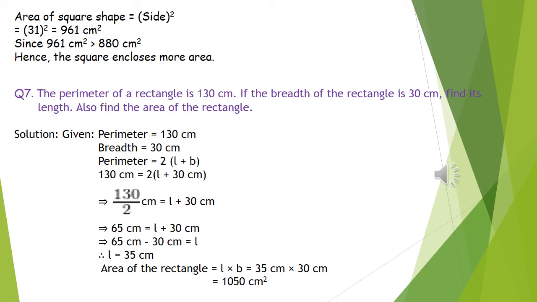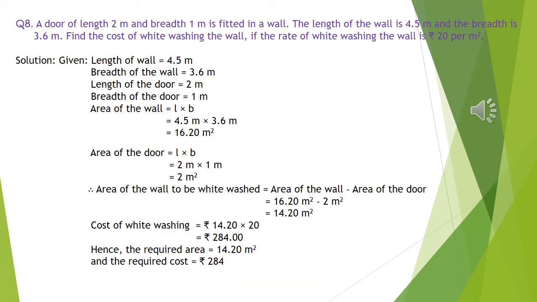Now 130 by 2 centimeter is equal to L plus 30 centimeter. 65 centimeter is equal to L plus 30. So the length, if we calculate, we are getting 35 centimeter. Area of the rectangle is length into breadth, that is 35 into 30, that is 1050 centimeter square.